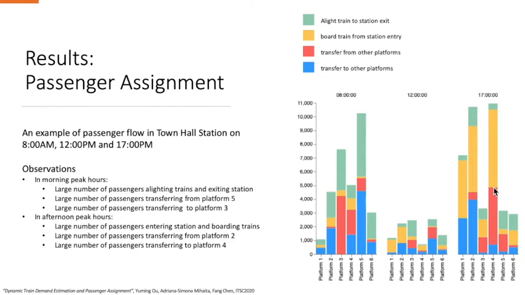But in the afternoon peak hours, there are a lot of people entering the station and getting on the trains, and people are likely transferring from platform 2 and likely transferring to platform 4.